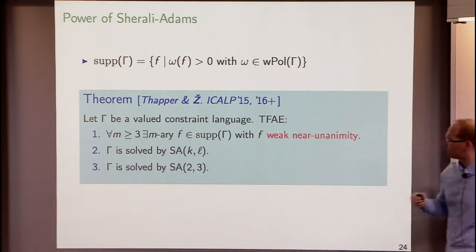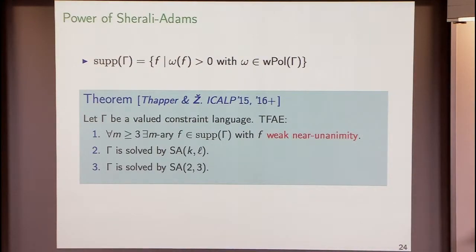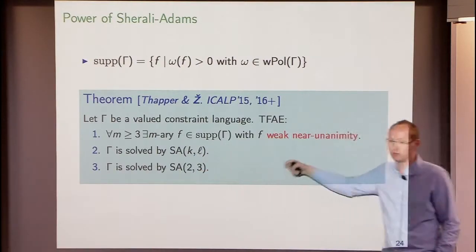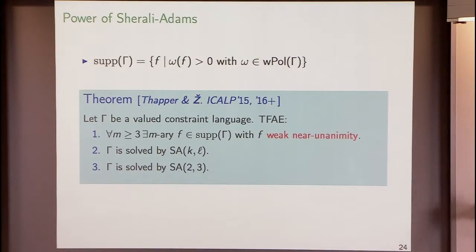So gamma is solved by SA(k,l) for some fixed k, l. So there's an existential quantifier missing. If and only if, in fact, if it's solved by SA(2,3), so say the third level of Sherali-Adams, if you don't care about the distinction between the 2 parameters. And this is if and only if the following condition is true. So this time, for every M at least 3, rather than at least 2, there's an M-ary operation in the support of gamma that is weak near-unanimity.